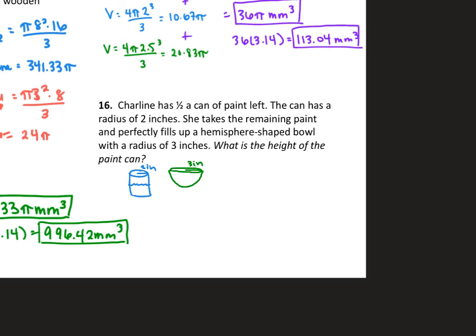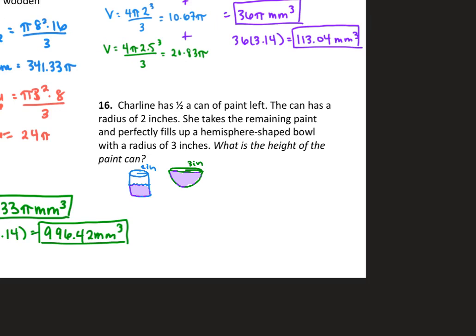So what we know is that the volume of the paint here equals the volume of the paint in the hemisphere. So first we need to find the volume of the hemisphere, and then we can work backwards to find the height of the can.